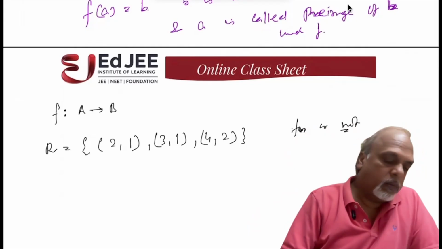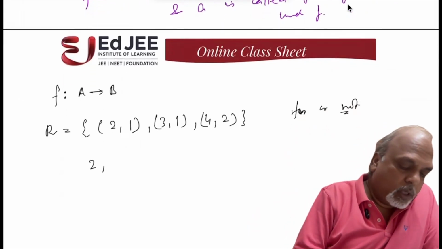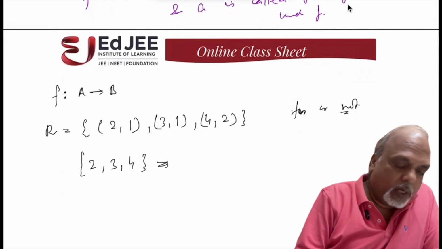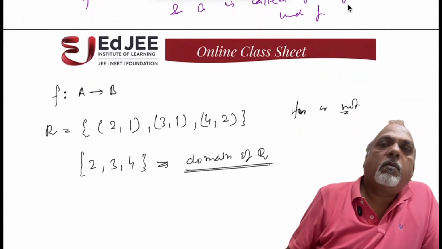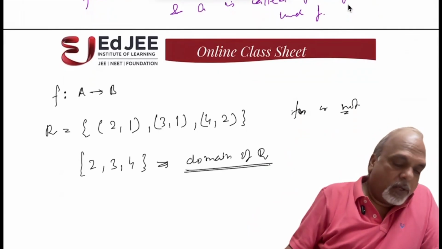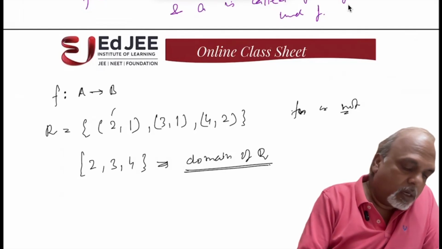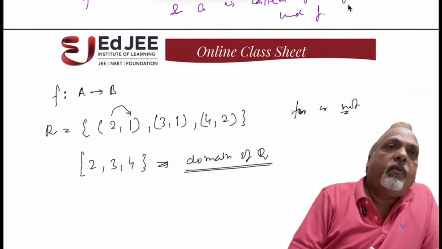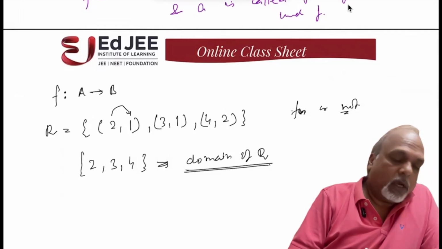We can see 2, 3, 4. This is the domain of R. And just see, 2 has got a unique image in the codomain.